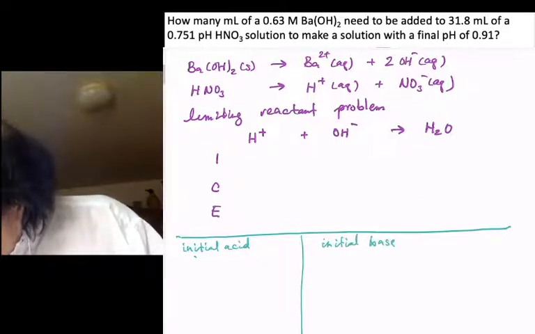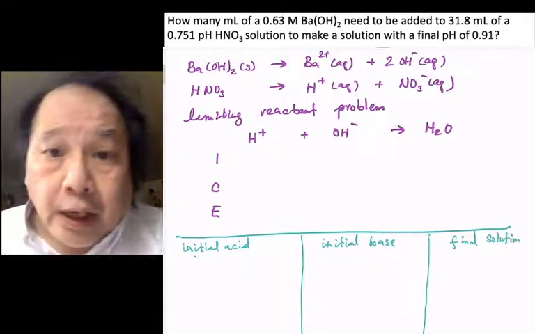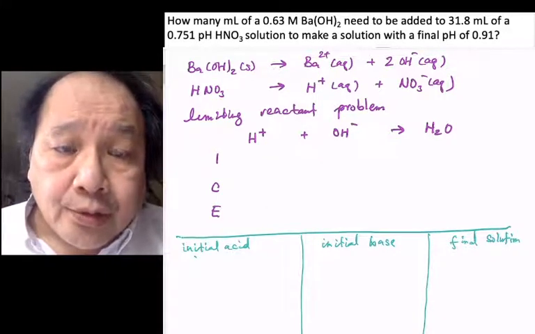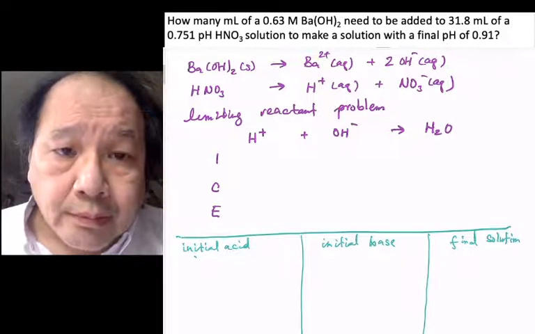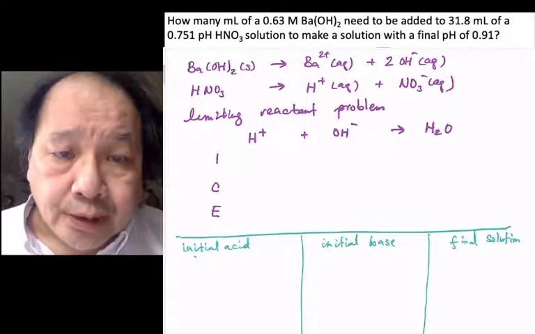And then we have the final solution. And in this problem, do we know more about the acid or the base at the beginning? Put in chat, which do we know more about? The initial acid, or the initial base?